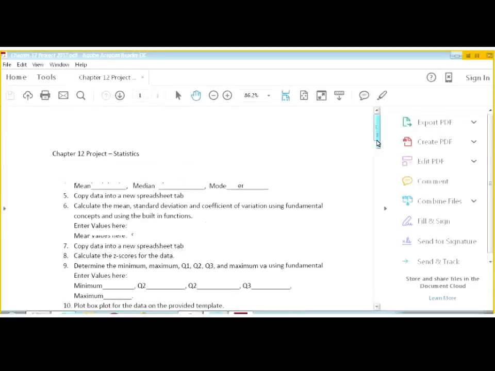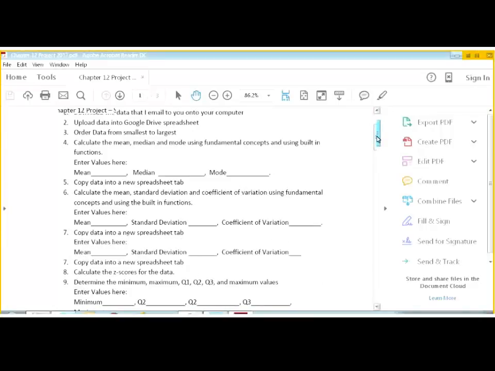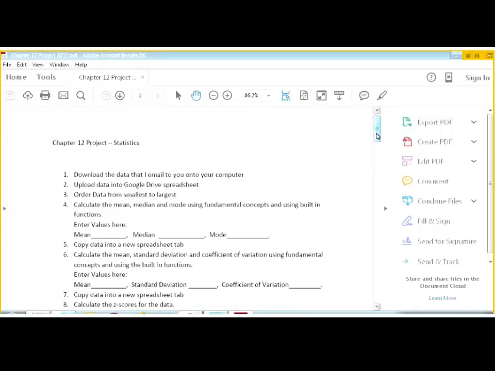Okay, by the way, if you end up with any issues in doing the project, what I would suggest is you come to the library during my office hours and open up your project, and then you can just come and see me and say, hey, I don't understand how to do this, and I'll just walk to your computer and I'll show you what you need to do.